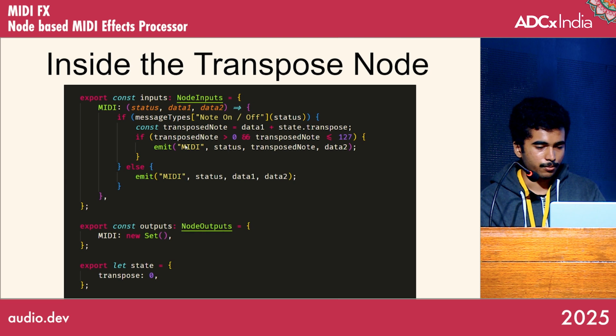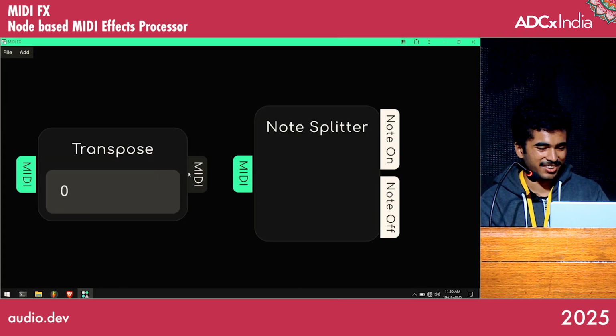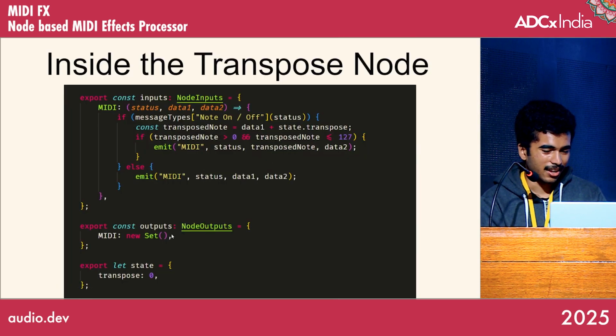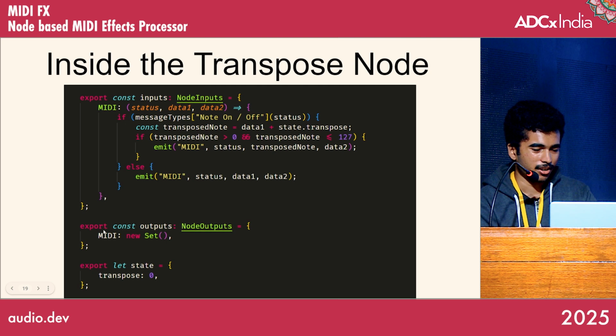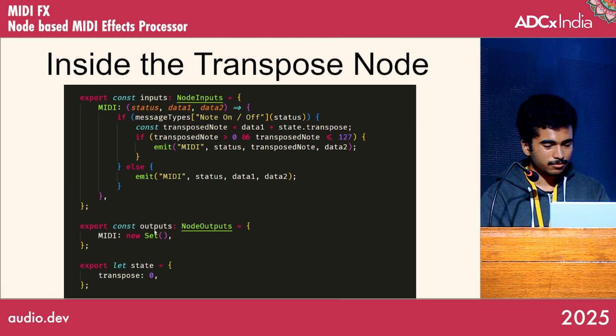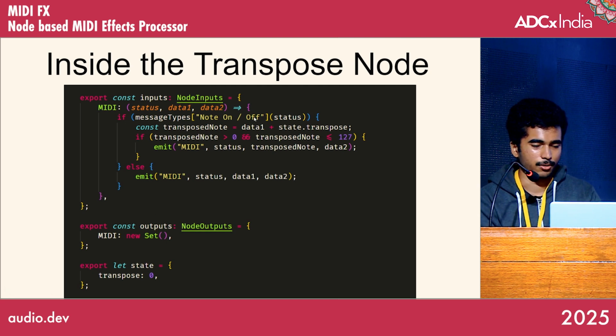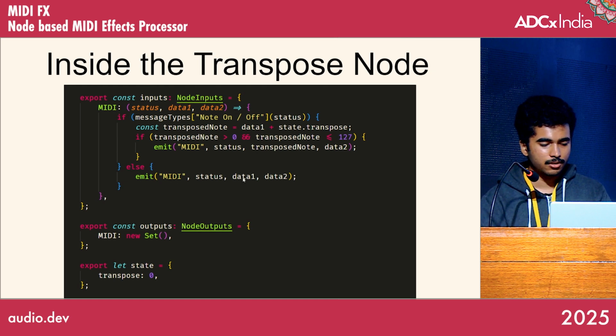Then we emit the transpose node to whatever outputs are connected. So in this case, the output is also called MIDI. It's this thing over here, and you can see that's defined in the outputs. If it's not a node on-off message, then we simply emit the MIDI message as it is.